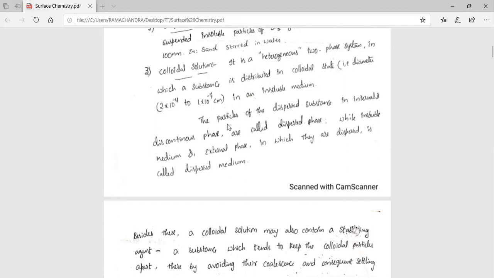The particles dispersed in the internal or discontinuous phase are called the dispersed phase, whereas the insoluble medium or external phase is called the dispersion medium.